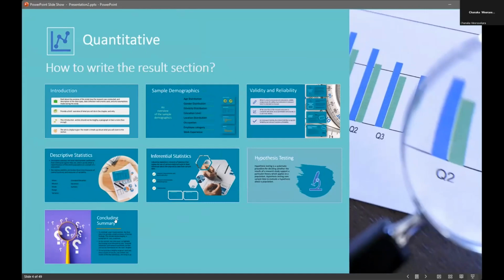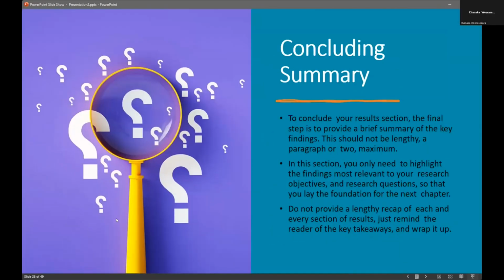And the last one is the concluding summary. It's not a big summary like we are expecting, just to highlight the key points in the results section, right? This is actually very important.